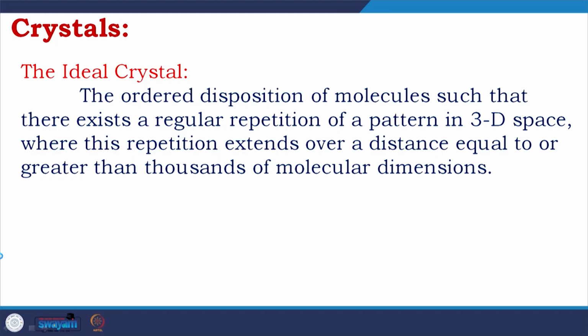First, let us define an ideal crystal. An ideal crystal is the ordered deposition of molecules such that there exists a regular repetition of a pattern in 3D space, where this repetition extends over a distance equal to or greater than 1000 times the molecular dimension.